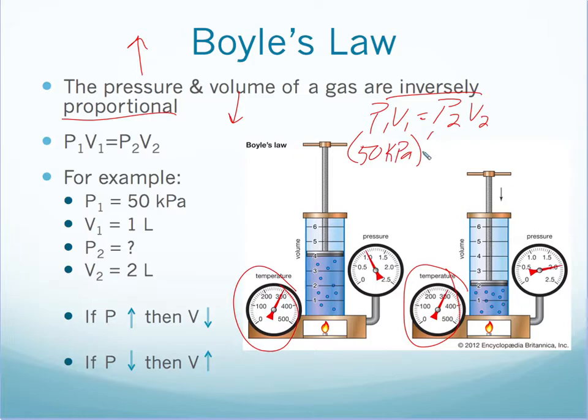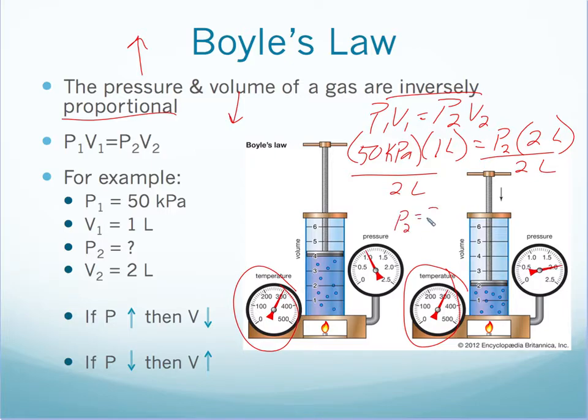I know my initial volume is 1 liter. I don't know my pressure 2, but I know my second volume is 2 liters. And if you take 50 times 1, divide both sides by 2 liters, you're going to get your P2 equal to 25, and it's going to be kilopascals.